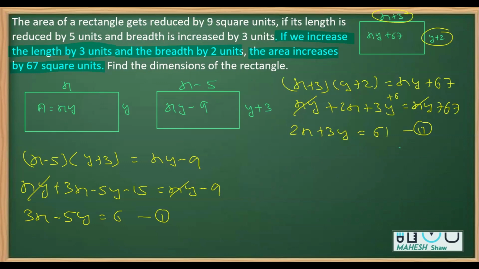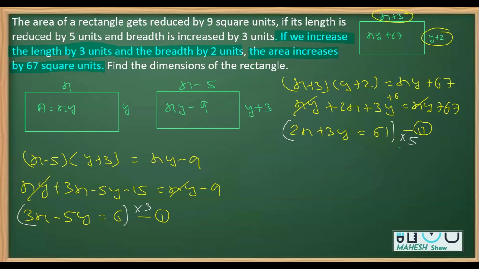Now, as you know, we are going to do elimination in such a case. So let me write down the two equations over here first. The equations here are, one is this, another is this. For elimination, I can multiply this equation by 3 and this equation by 5, so as to equate.